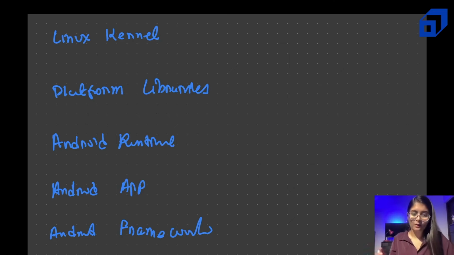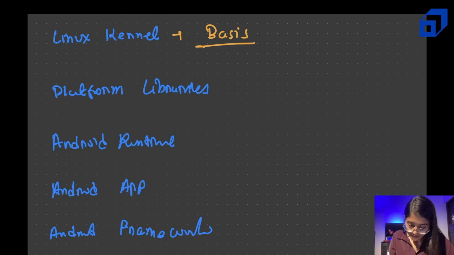So let's quickly see the function of these. The Linux kernel forms the basis of the Android platform, and it powers features like memory and power management and various drivers as well. It serves as an abstraction layer before the other layers. And then you have platform libraries.